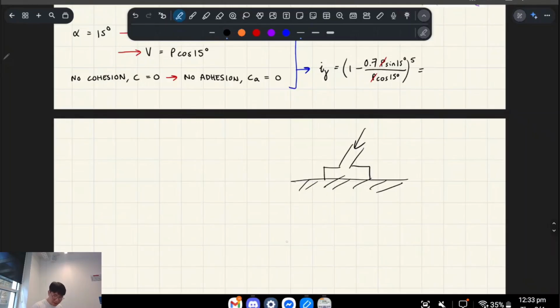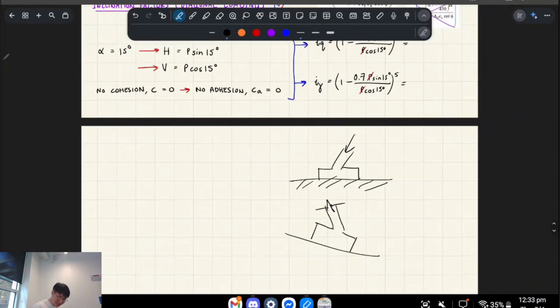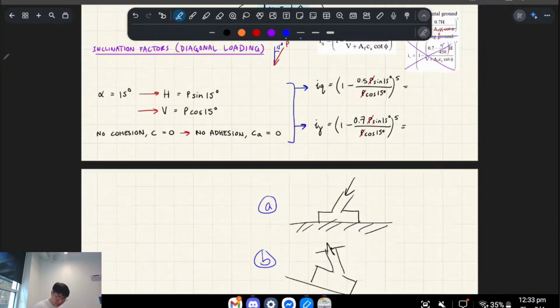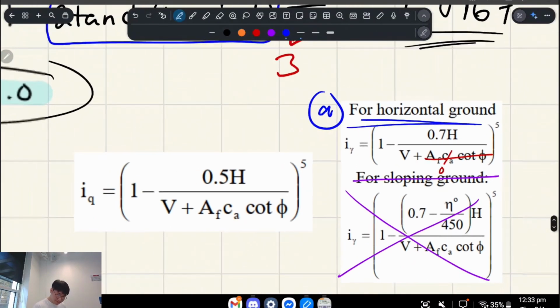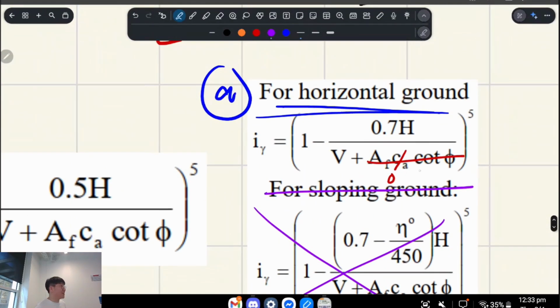And then here we've got an inclined load on a sloped ground. Okay, so this is case, let's call it case A, and this is case B. So we're operating on horizontal ground, which is case A, and not for the slope ground, okay? So we're going to use this formula up here, right? The other thing that you might see and be confused by is CA.